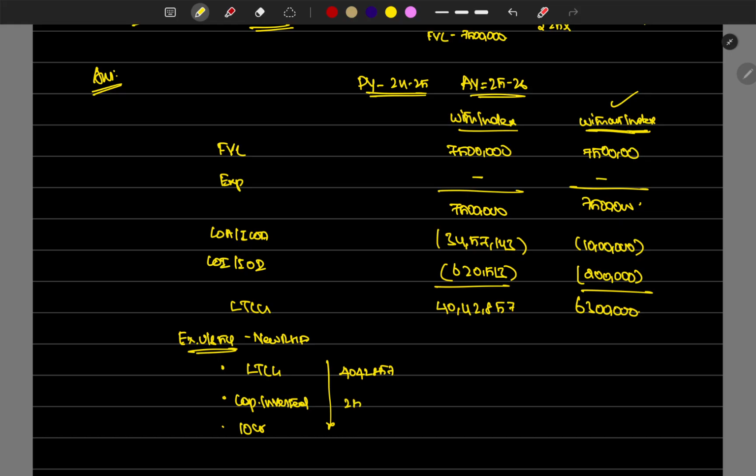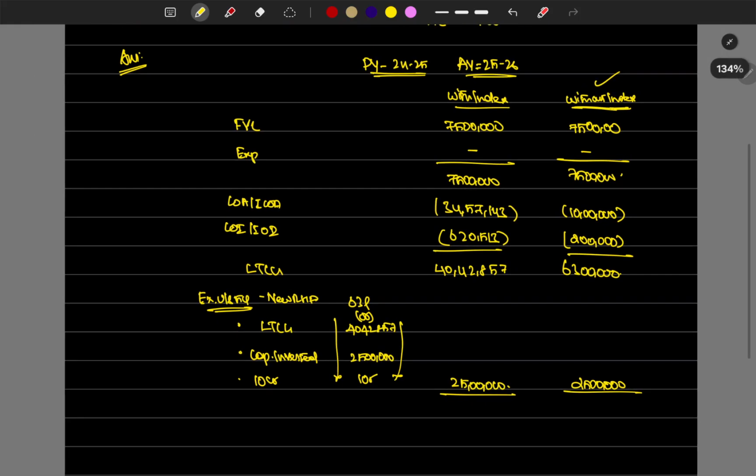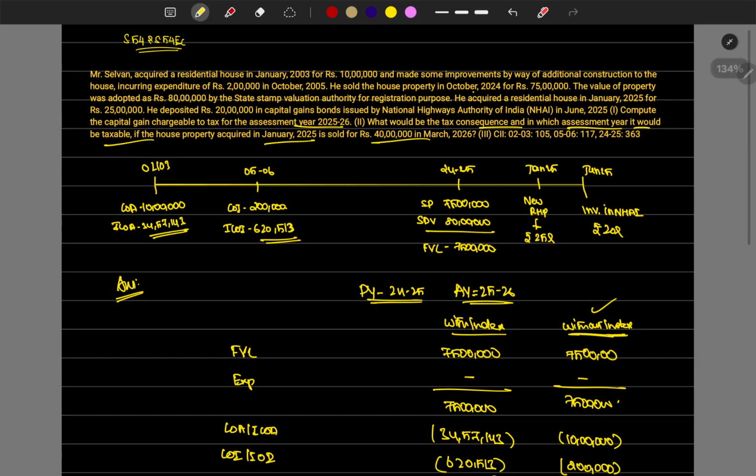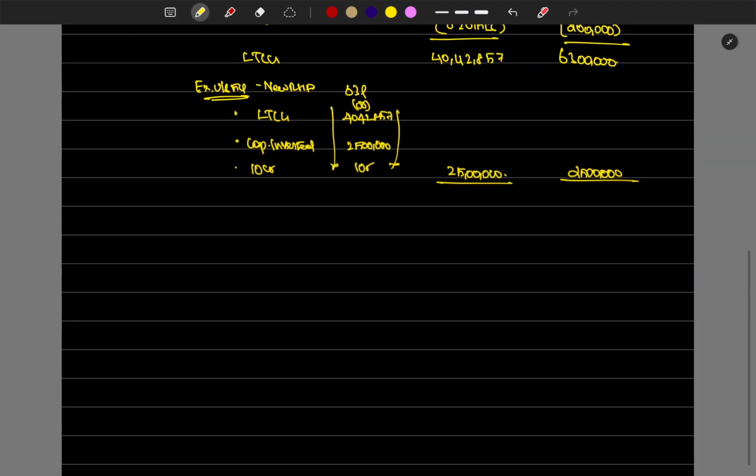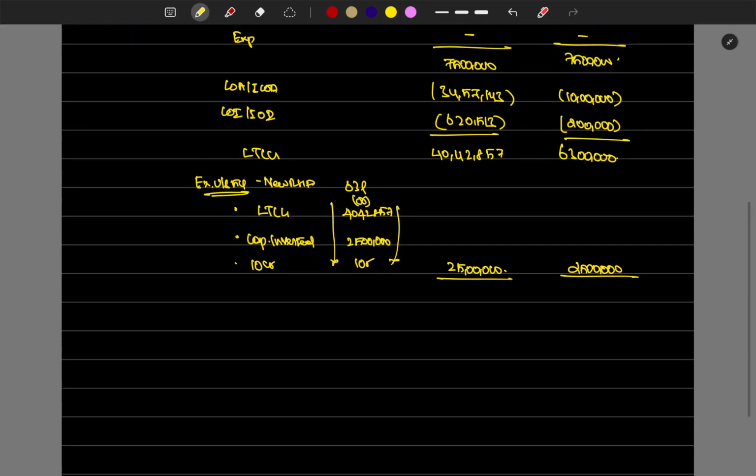Capital invested is 25 lakhs, against 10 crore, whichever is lower, obviously 25 lakhs. For the other case, where LTCG is 63 lakhs, it would also be 25 lakhs only. The new residential house property has been purchased within 2 years from the date of transfer, so we can use the exemption.